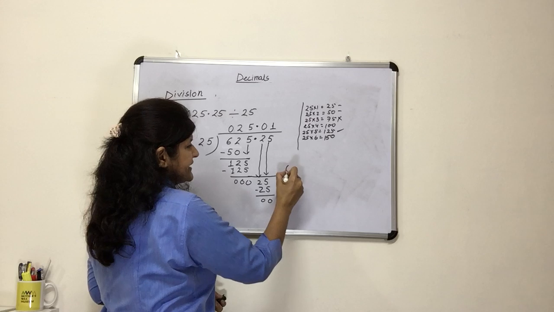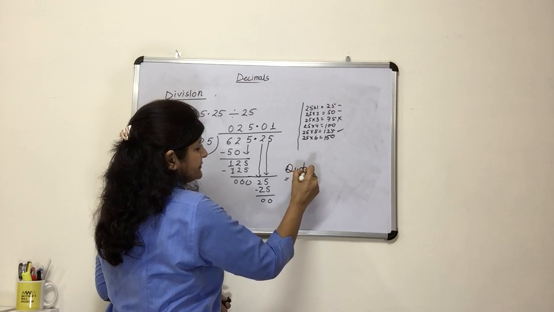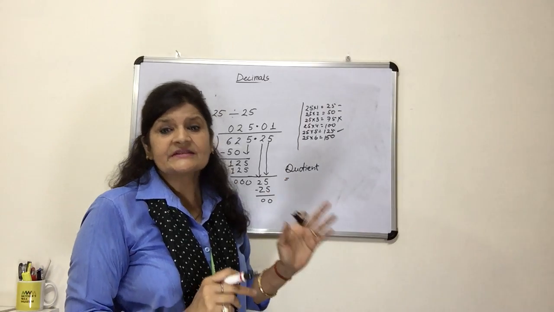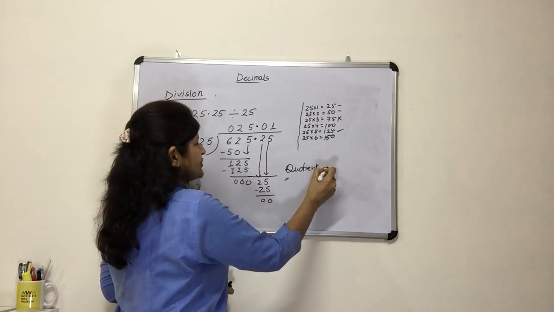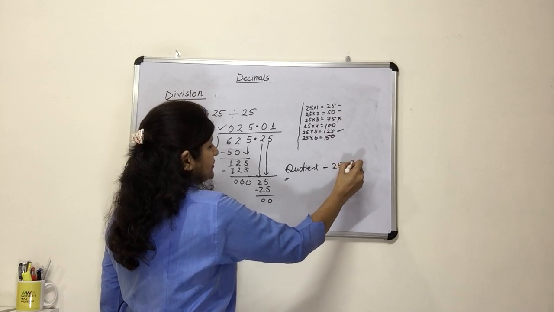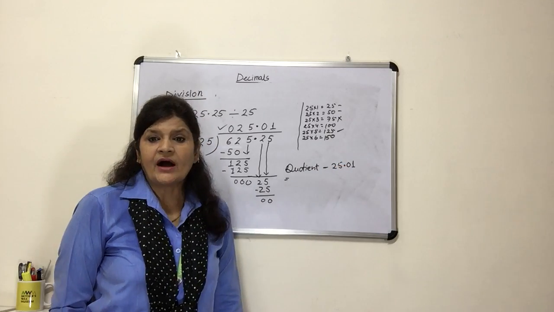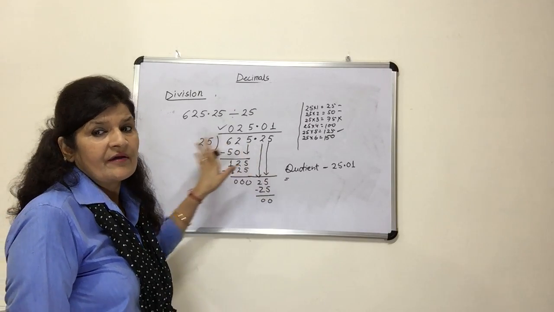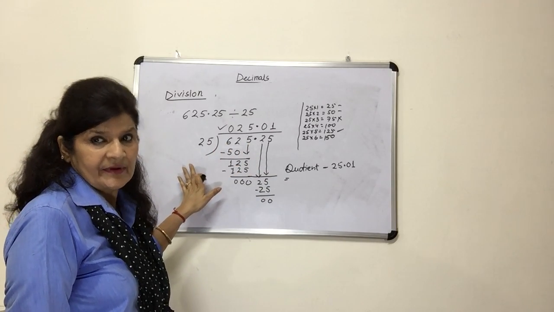So our quotient is, and please remember this is not question, this is quotient, right? So quotient is 25.01. This is how we have done the division of a decimal number with a whole number, right?